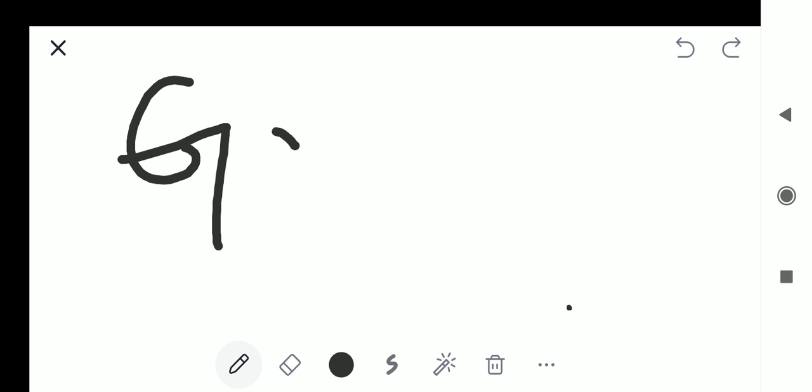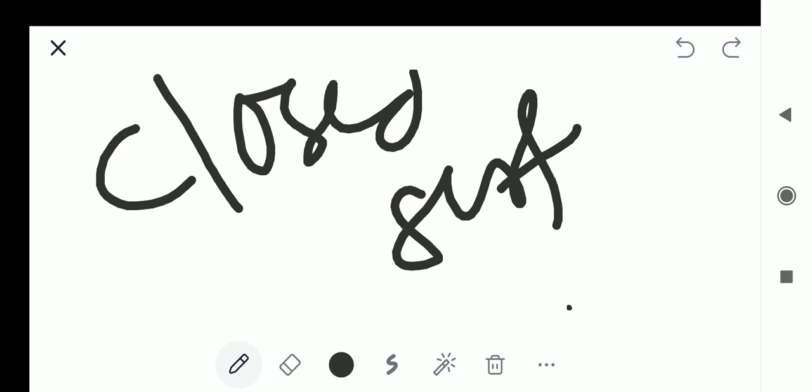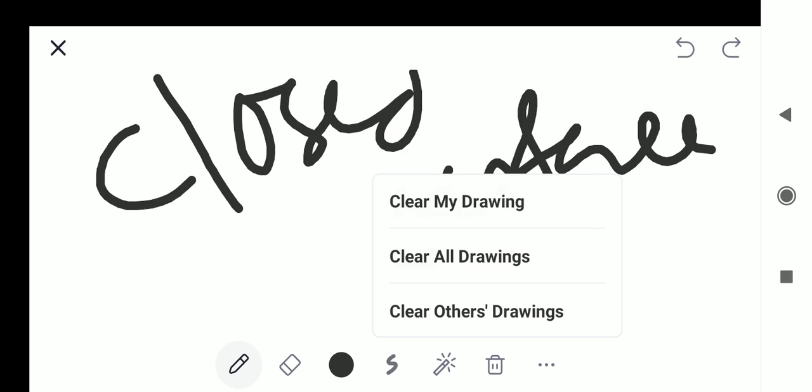Then coming to Gauss. What is meant by Gauss statement? Gauss law is related to the closed surface. What is meant by closed surface? Take a particular surface, a spherical shape.